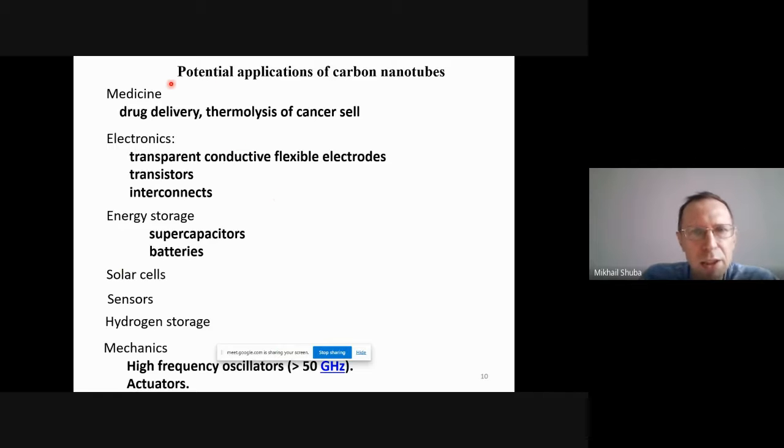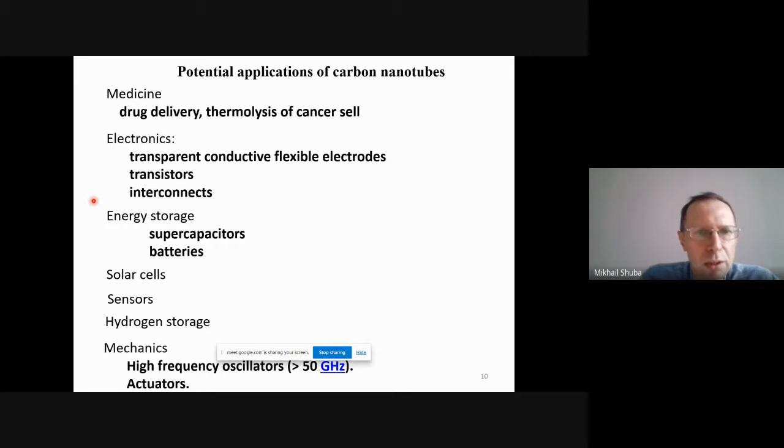Some of the applications include, for example, use in medicine for drug delivery or thermolysis of cancer cells. In electronics, films of carbon nanotubes are used as transparent conductive flexible electrodes, and in transistors and interconnects.